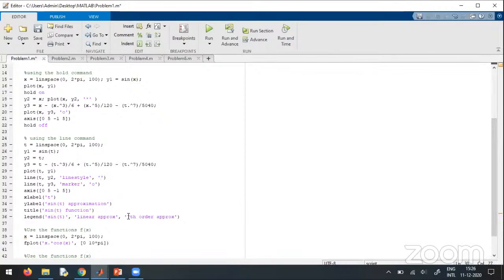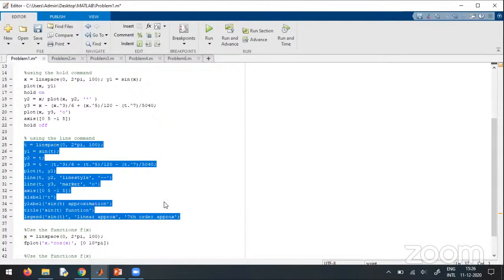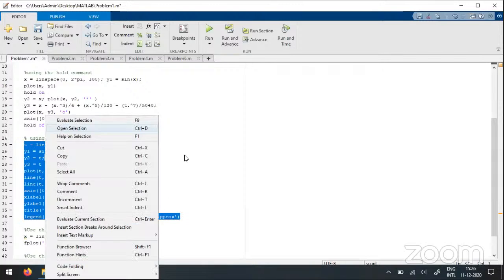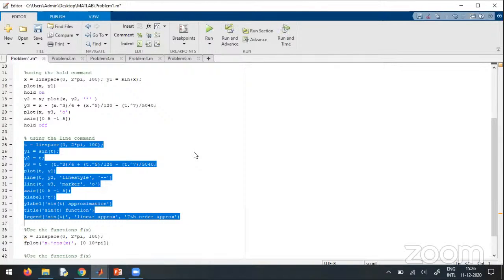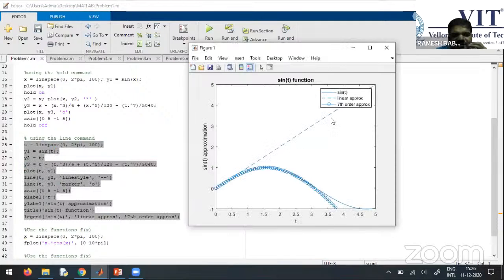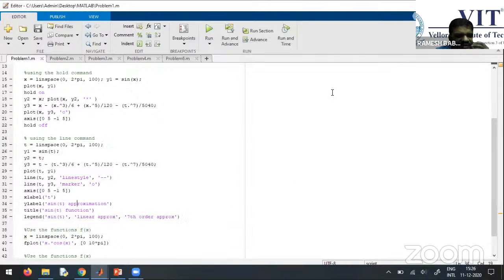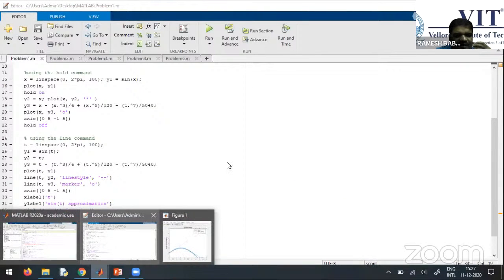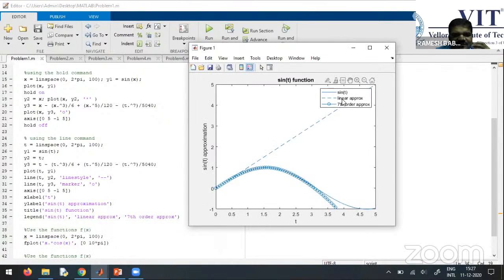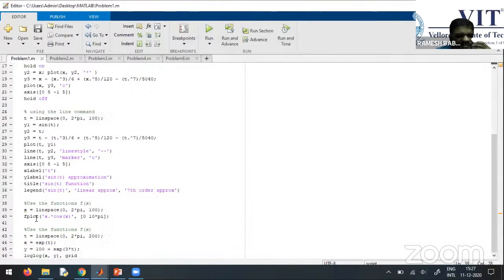This one I can give like this way. So you can see now these are the 3 lines. We have given the legend also here. That legend means it will give the title. So this is the legend. So this is what called as the legend. Then a line space.